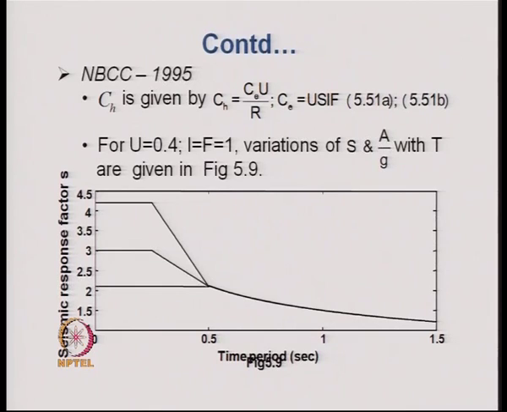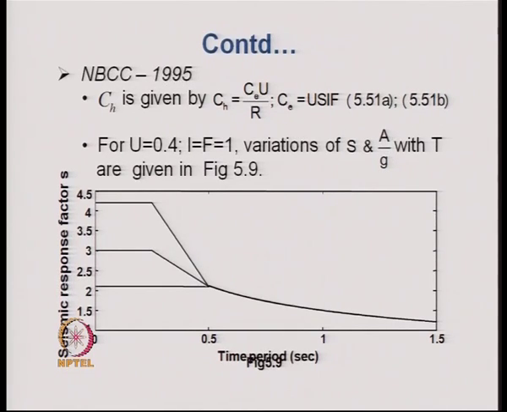Here also, although R is there, the seismic forces calculated by the formula are reduced by a reduction factor. The same thing is done in the case of IBC, but we have not shown that. Here in the formula it is straight away given. However, we will not discuss the factor R.